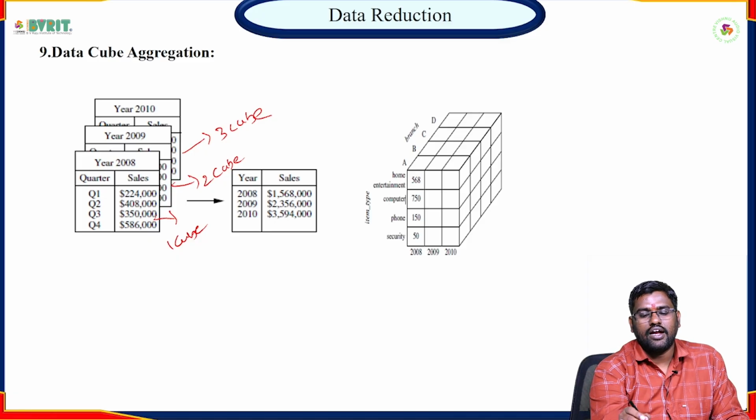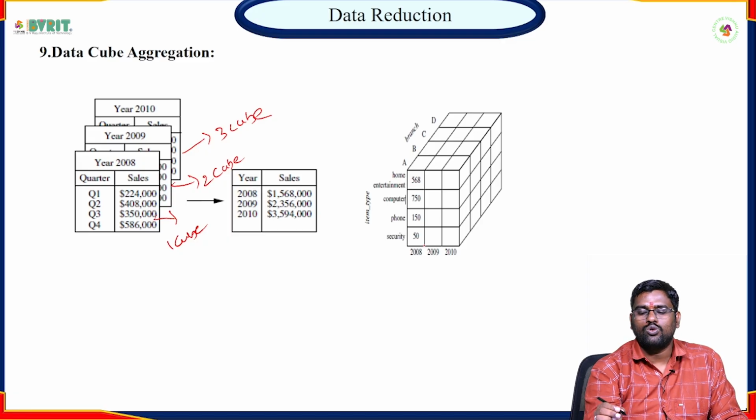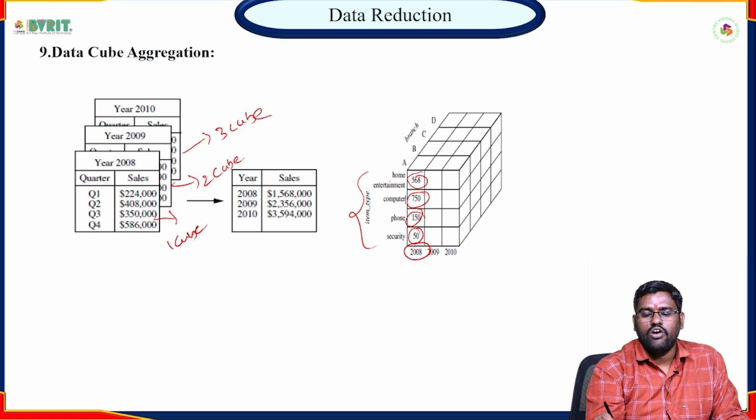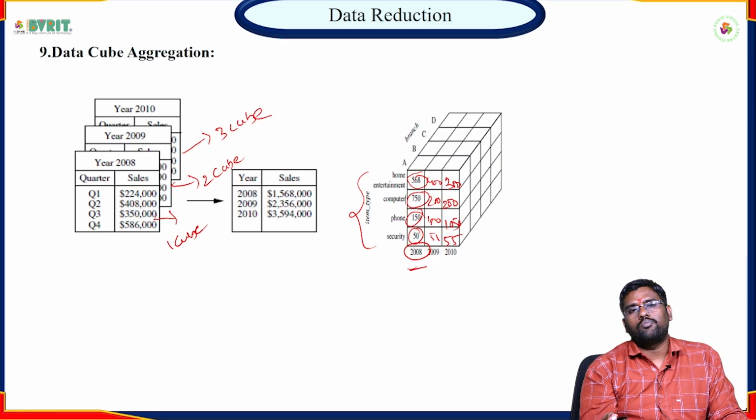So they take the complete sales for 2008, 2009 and 2010 and split them into the given items. In 2008, the home appliances and home entertainment values are 568, 750, 150 and 50. Similarly, some 400, 200, 100 and 51. Here, some 300, some 200, 150, 1050 and 55. Like this, values are taken and represented in the form of a cube.